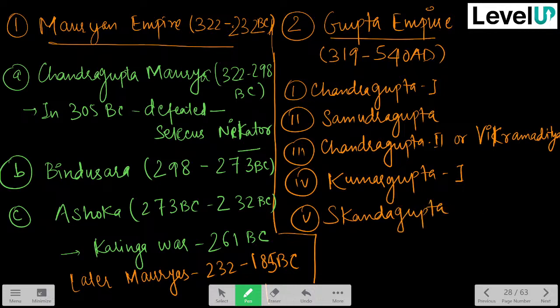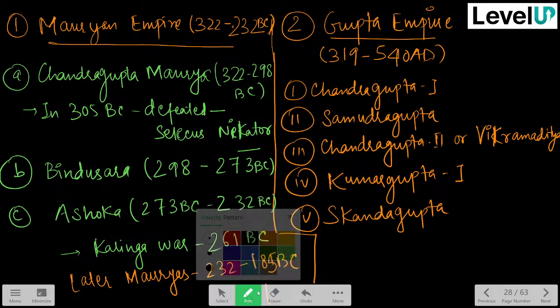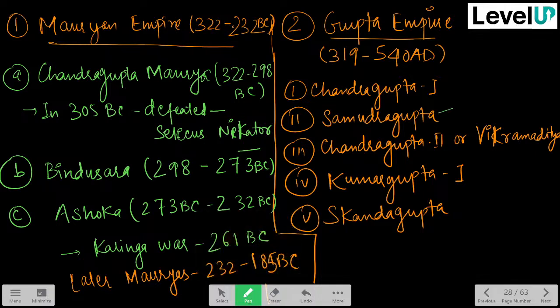Two or three important things from here: Samudragupta was known as Kaviraj. You already know that during the reign of Chandragupta II, or Vikramaditya, the Mehrauli pillar was constructed.